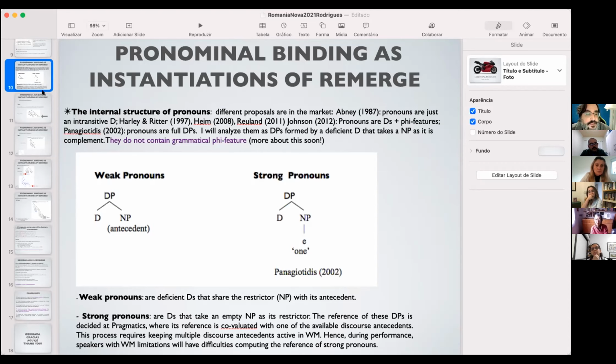But my question is this: have you thought about the E-type readings of pronouns that look like bound pronouns, but are not quite bound?